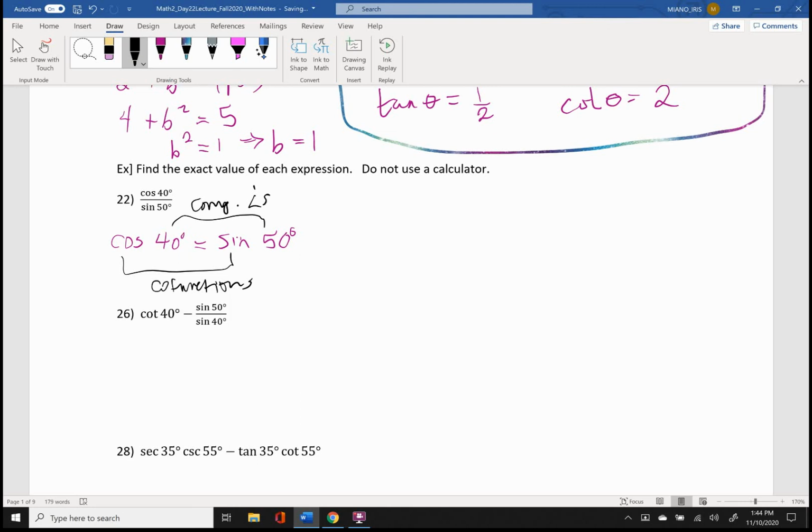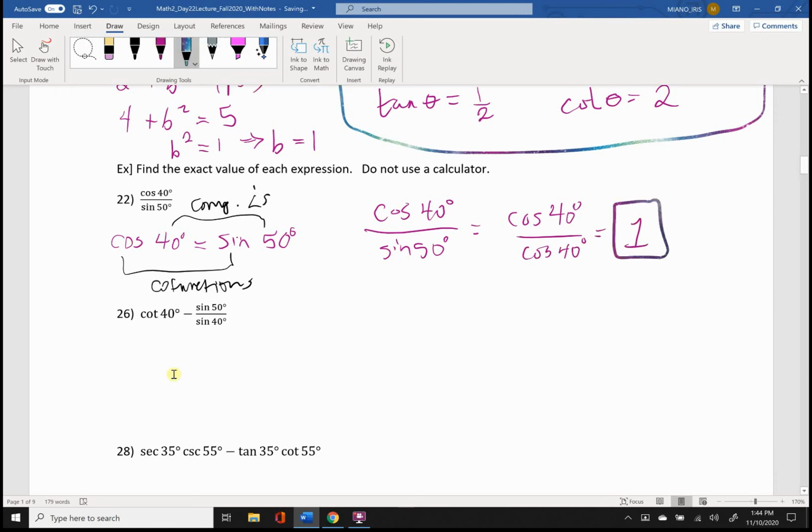So since they're equal to each other, we're going to be able to say that this is equal to 1. Let me go ahead and rewrite it. So that means cosine 40 degrees over sine 50 degrees is actually equal to, I don't know, just pick one. Maybe I'll just make them both cosine 40 degrees over cosine 40 degrees, and that's equal to a big fat 1.